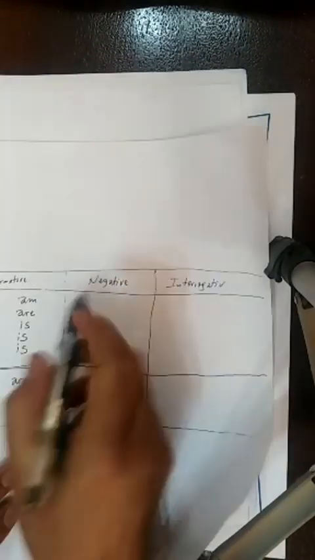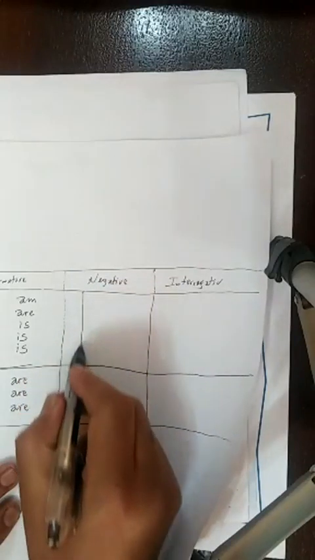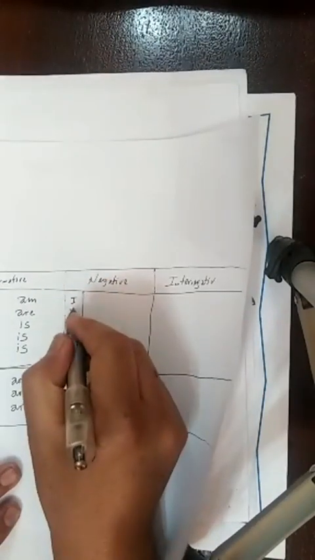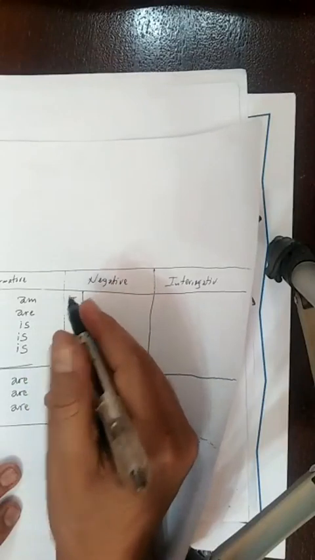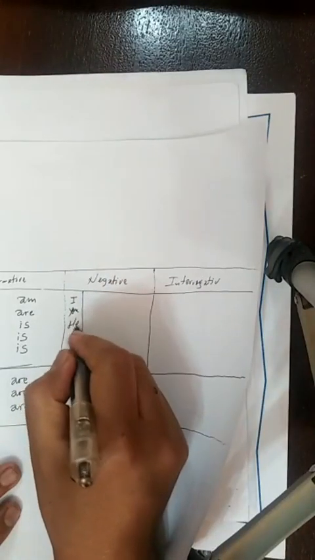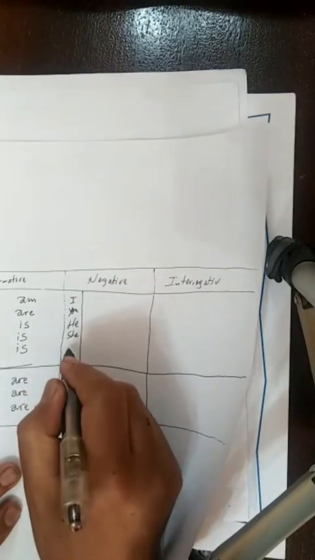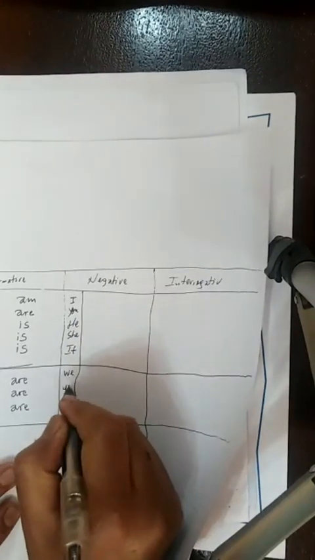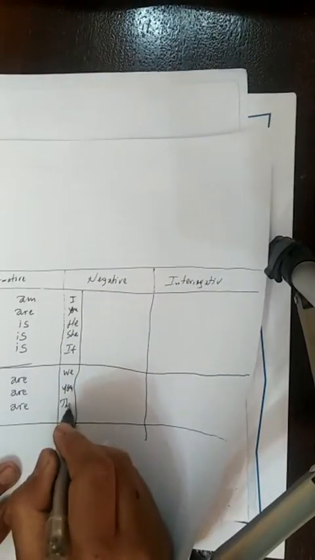Nice. In the negative form, same pronouns, I, you, he, she, and it. We, you, and they.